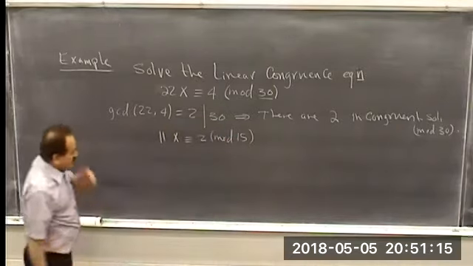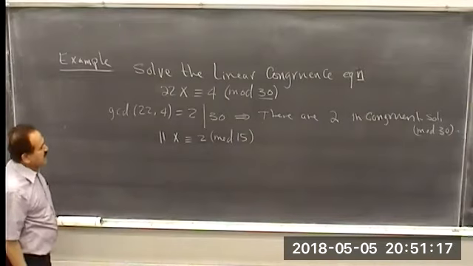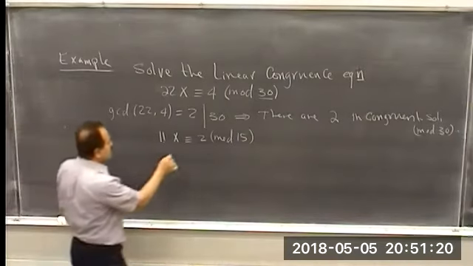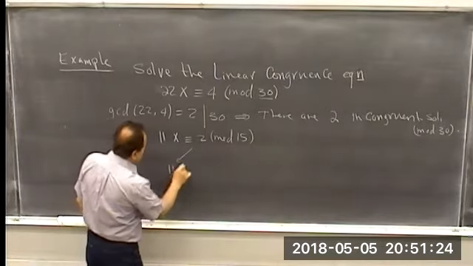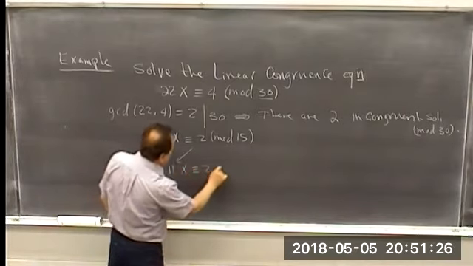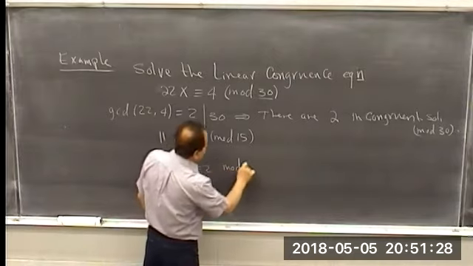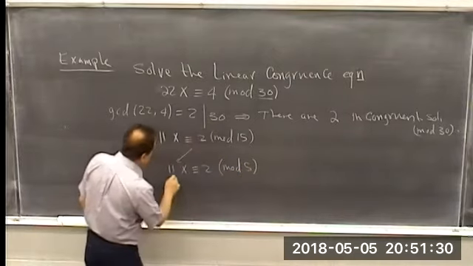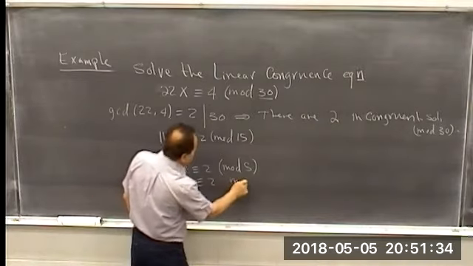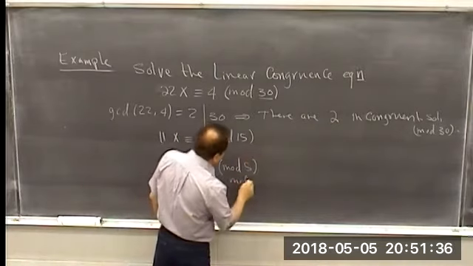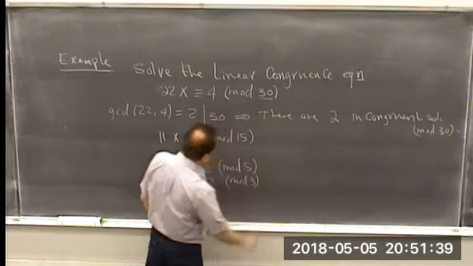The idea to use the Chinese remainder theorem is to consider a system that goes like this: 11x congruent to 2 mod 5 and 11x congruent to 2 mod 3. Those are the prime factors of the composite number that we have.